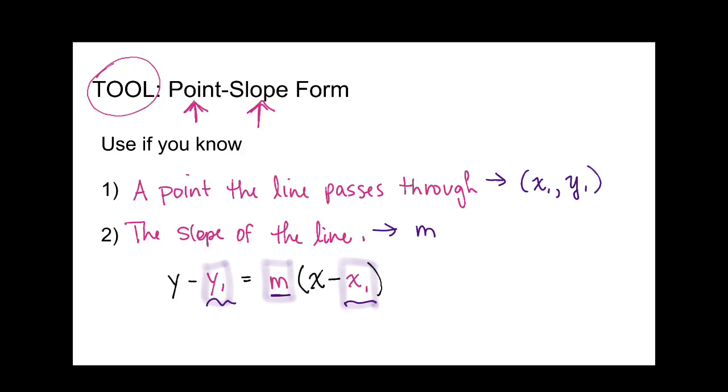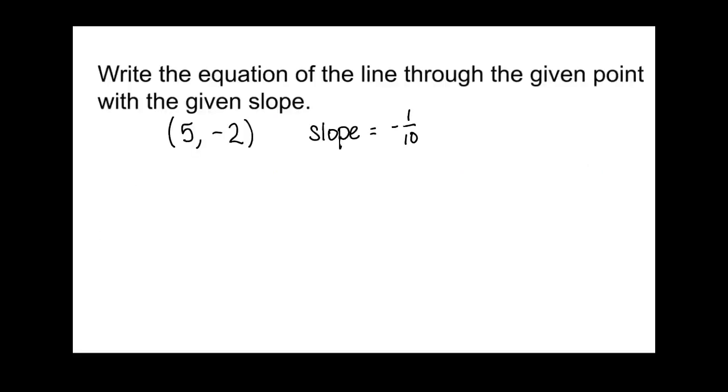Okay, so these letters, these ones that are not highlighted or a different color or anything like that, are meant to be letters. Now this probably doesn't make a whole lot of sense yet, but it will. So let me rewrite that. It's y minus something equals something times x minus something. And m goes here. And then the x value of the point goes with the x, and the y value of the point goes with the y.